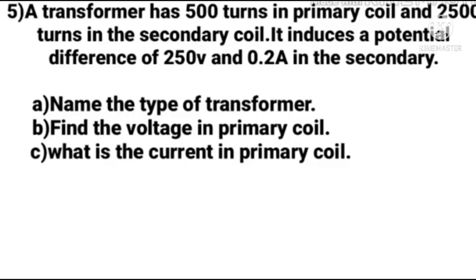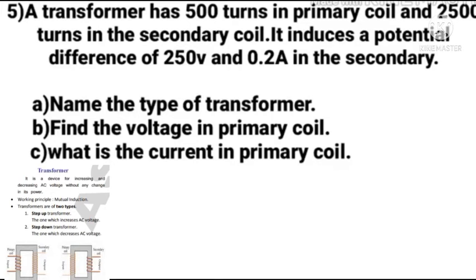Next question. A transformer has 500 turns in the primary coil and 2500 turns in the secondary coil. It induces a potential difference of 250 volt and 0.2 ampere in the secondary.